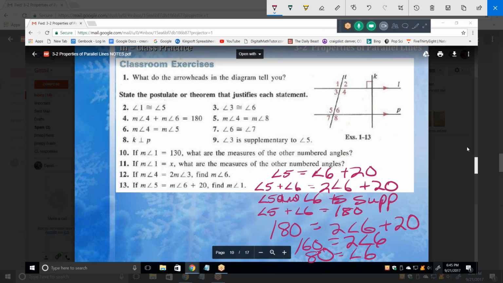We could say that 8 is congruent to 1 based on a theorem. And we can say 8 is supplementary to 6 based on a bunch of theorems or linear pairs. And so then we can say angle 6 is supplementary to angle 1 based basically on the transitive property.